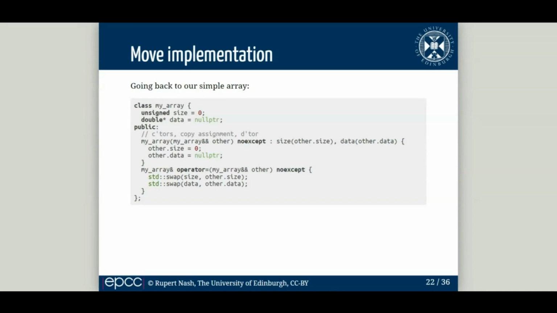So you see that here you use swap, and you copy your size and data to the other. So when you return an object of this class, it does a move, or changes ownership of the data, rather than doing a copy. And the first one is the other side.